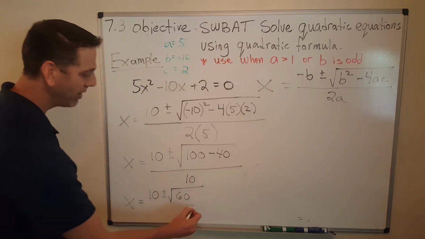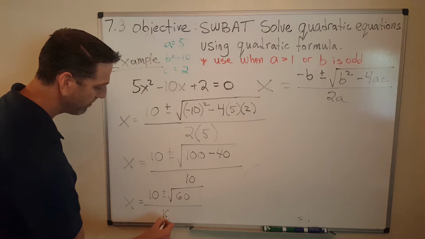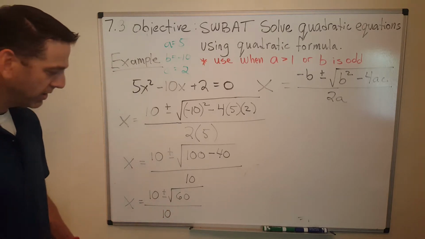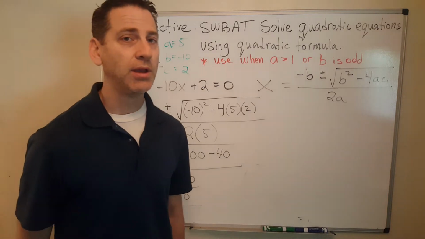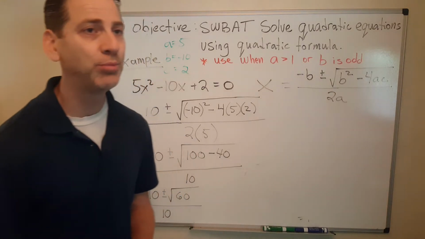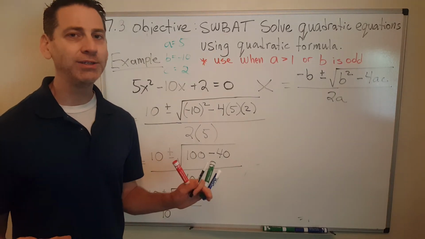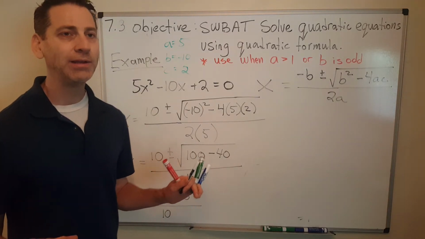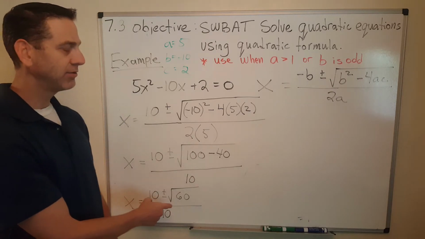I have that all over 10. Now I need to make some decisions here. If I was simply going to get a decimal approximation for this answer, this is probably where I would stop. I would just take the square root of 60.